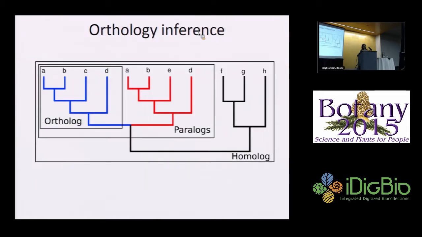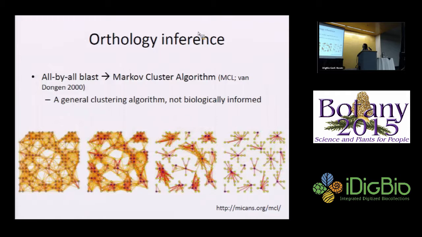So we argue that for orthology inference, we can take a phylogeny-based approach to separate orthologs from paralogs. A lot of orthology inference pipelines start with all-by-all BLAST and Markov clustering that iteratively get gene families based on the BLAST hits. However, this approach is not biologically informed and often breaks up gene families into non-monophyletic groups.